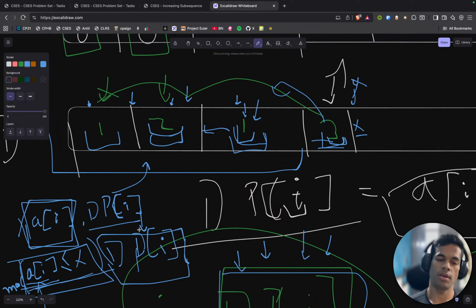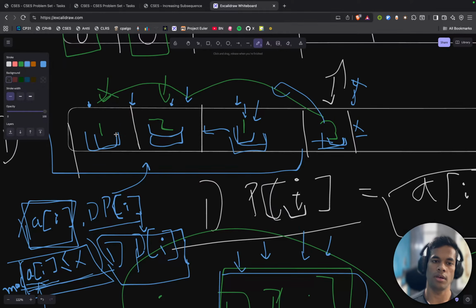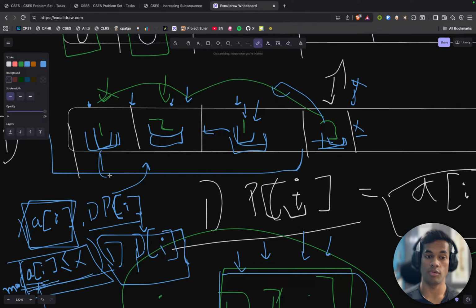Maybe I can do something when I initialize my thing: the longest increasing subsequence is of size 1. And when I see 2, for this the answer is 2, because this one could be paired up with this one.